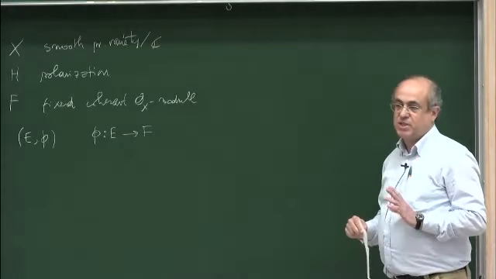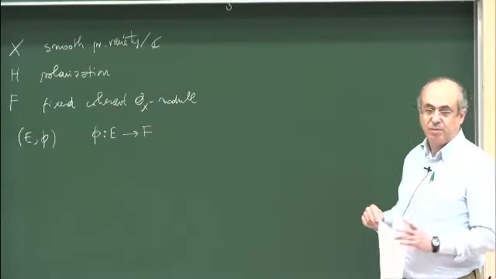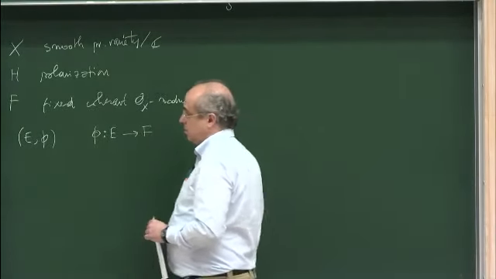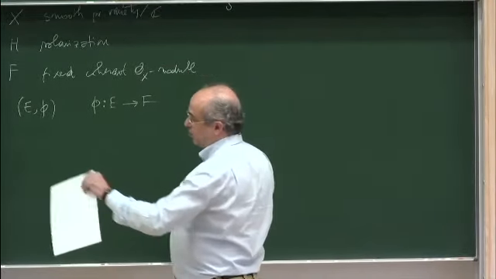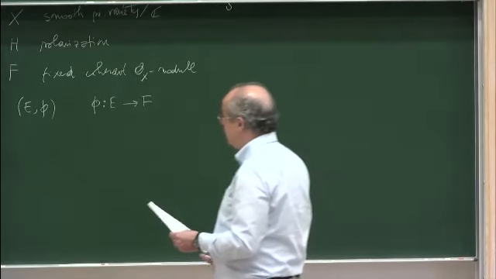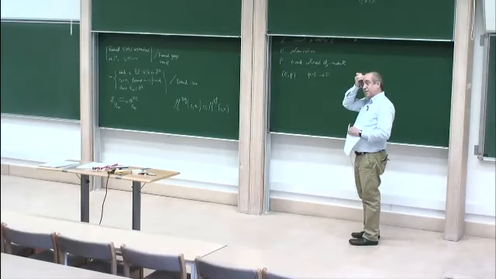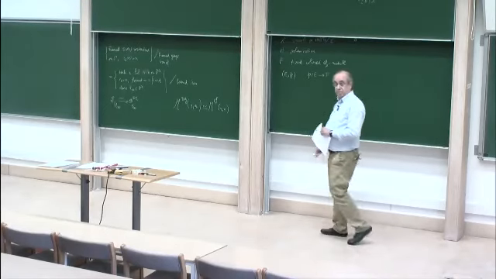The idea is that, to start with, I allow F to be any coherent sheaf. I don't make any assumption about whether it is concentrated on some subvariety or whatever. And then there is a notion of stability or semistability for such pairs, which is due to Huybrechts-Lehn.